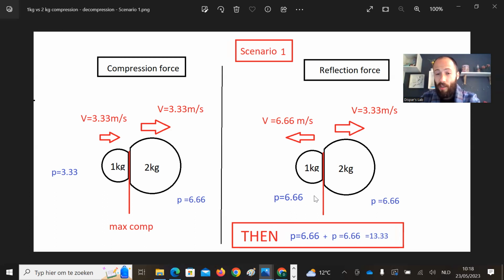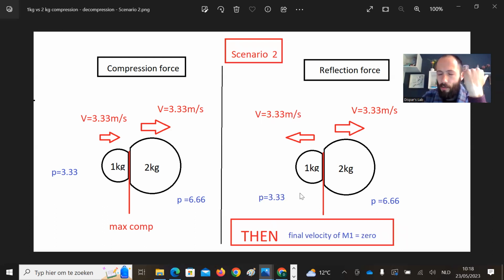So if you want to be correct, then the 1 kilogram should come out with only 3.33 momentum. But in that case, it should reflect back with only 3.33 meters per second. And if it's already going 3.33 meters per second and it goes back with 3.33 meters per second, then it will equal 0. And that's not what happens. Yet, in this case, the momentum is conserved. But it doesn't make sense because that's not what happens in an experiment.